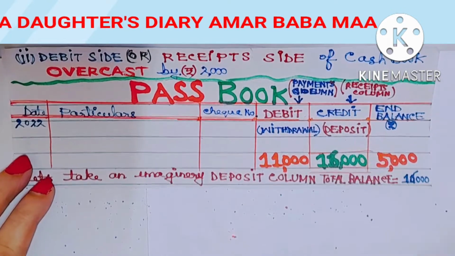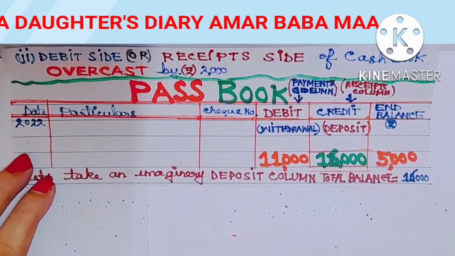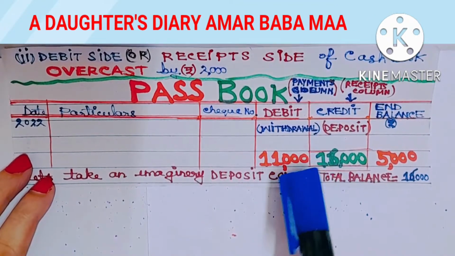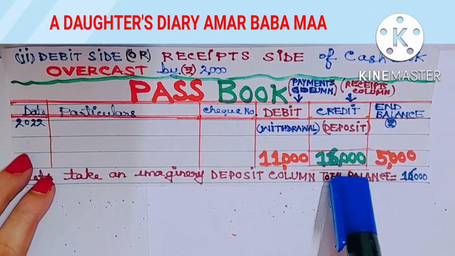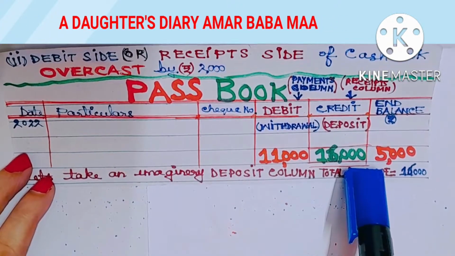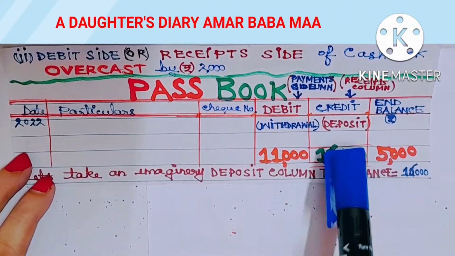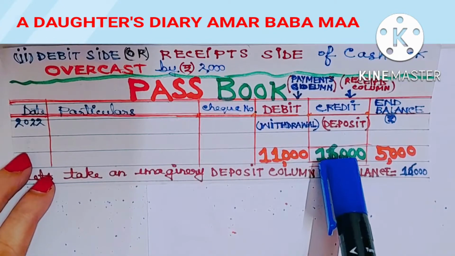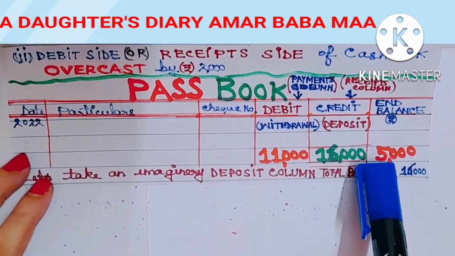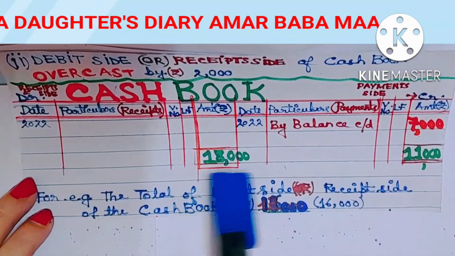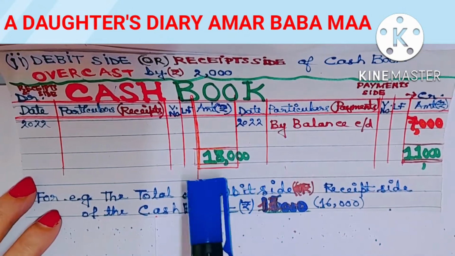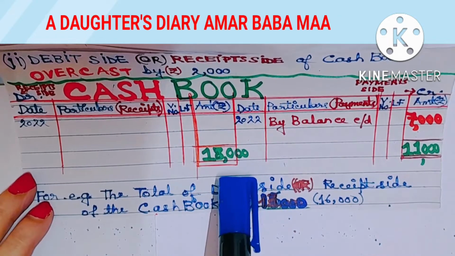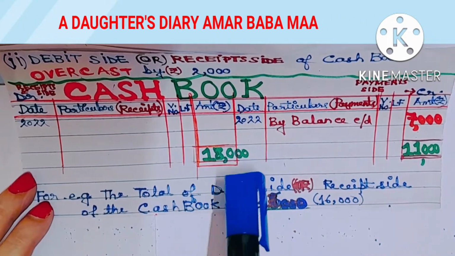That means it's a type of totaling error. Okay, that means instead of 16,000, the receipt side or debit side of cash book is equal to 18,000 because by mistake the businessman has wrongly totaled the receipt side or debit side of cash book. Let me show you. See, 18,000. By mistake, the businessman has wrongly written 18,000 instead of 16,000.